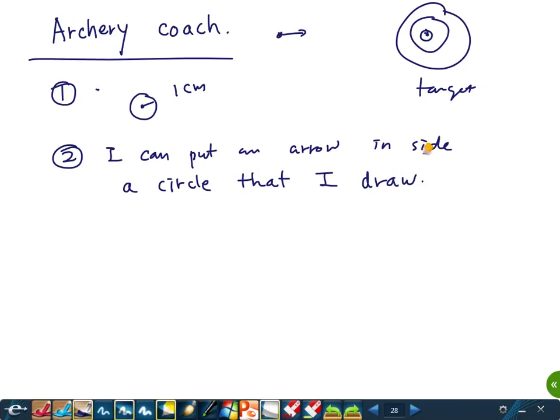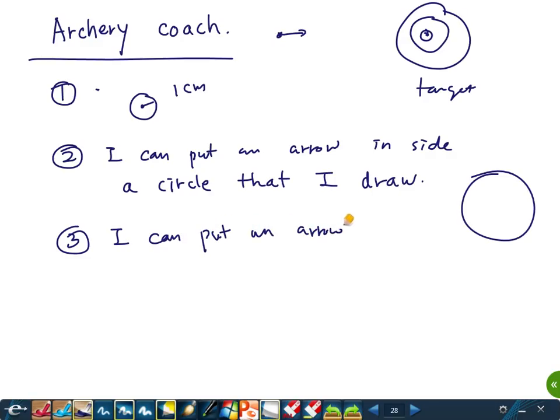That means this guy draws a circle, and then he can shoot this arrow inside this circle. But this circle was chosen by himself. The third person says, I can shoot an arrow inside a circle drawn by anyone.